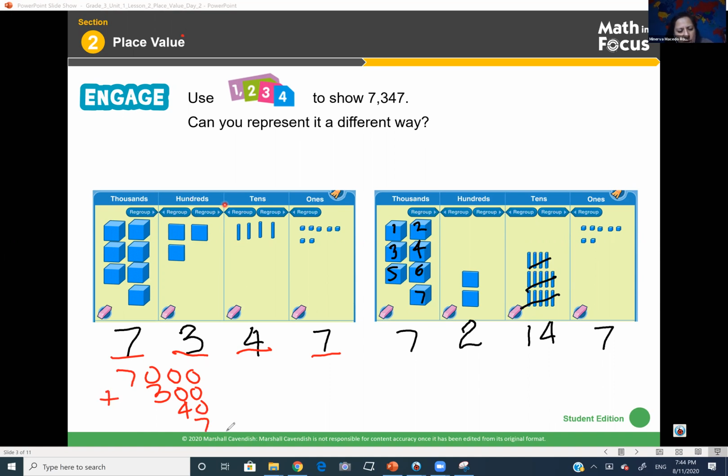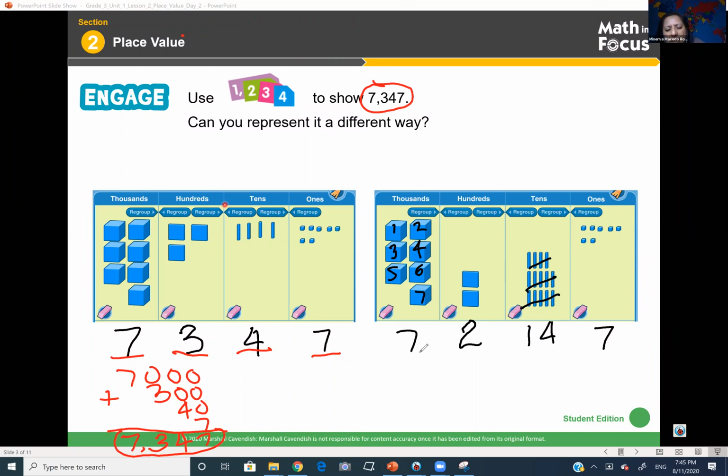When I add those numbers together, then I'm going to have 7 ones, 4 tens, 300s, and 7,000. So my number is still going to be 7,347, which is the same as the number on the top. Now let's check on the other number.